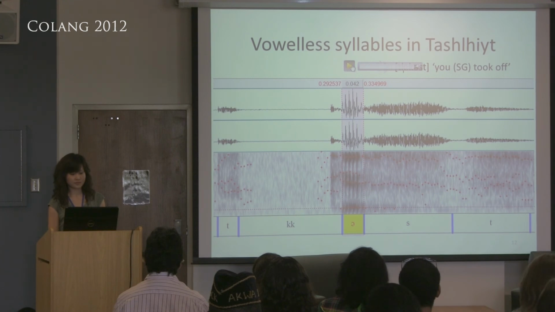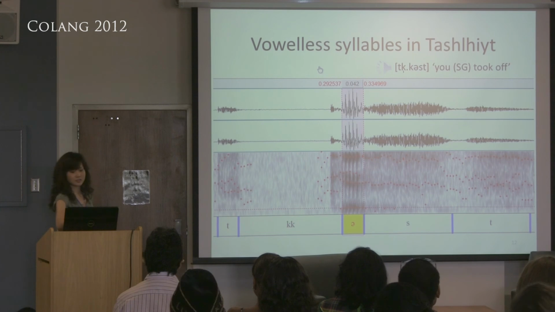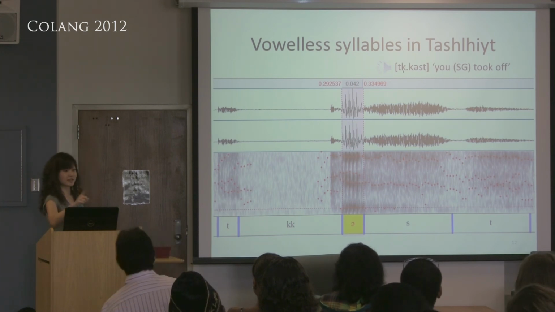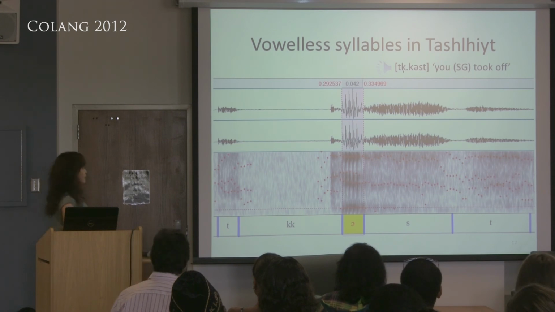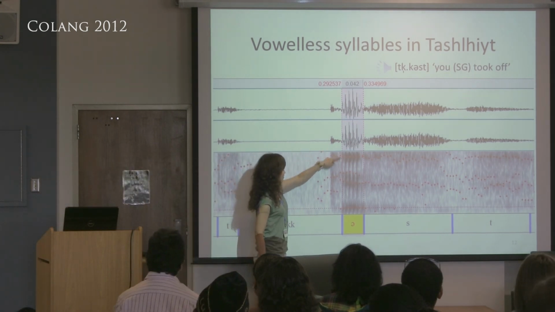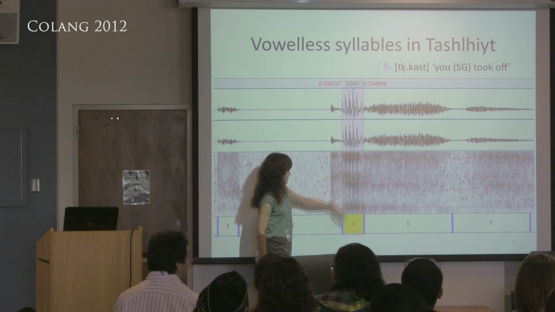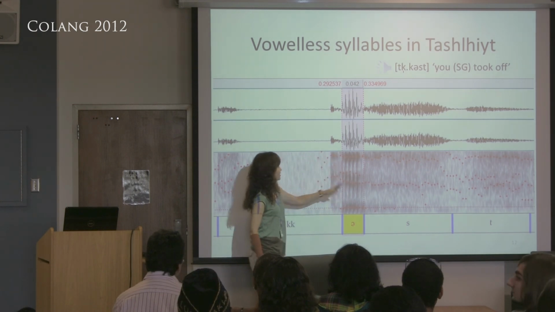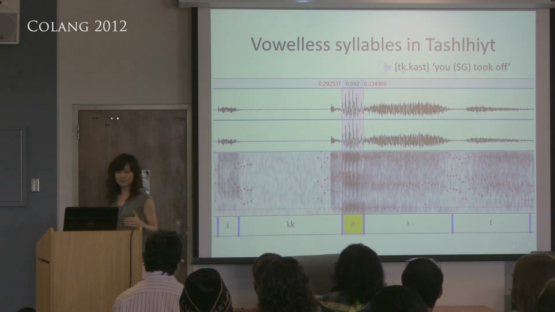In the first syllable, it's an obstruent that forms a syllable peak. But with the second syllable, when you look at it, you see high amplitude, formant structure, voice bar, and periodic wave, which are the indication of a vocalic element.